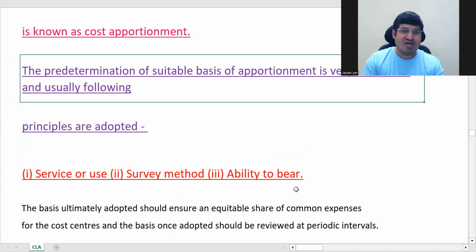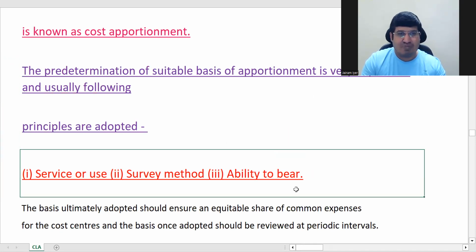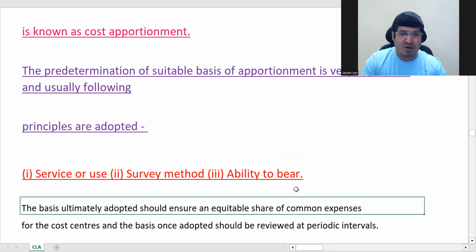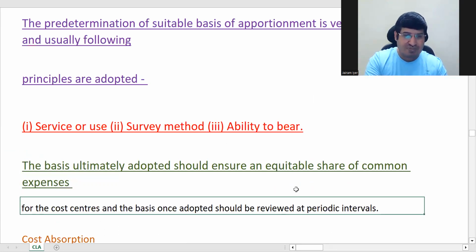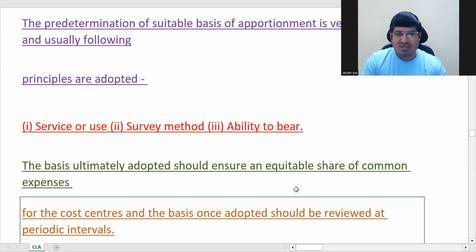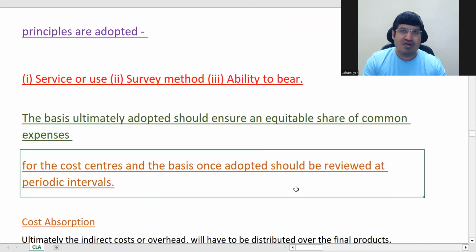So these are the 3 ways you can apportion amounts. The basis ultimately adopted should ensure an equitable share of common expenses. Common expenses must be distributed properly, equitably, for the cost centers, and the basis once adopted should be reviewed at periodic intervals. Bases go on changing. So if you're adopting one basis today, it doesn't mean that you should go on with it till the end.